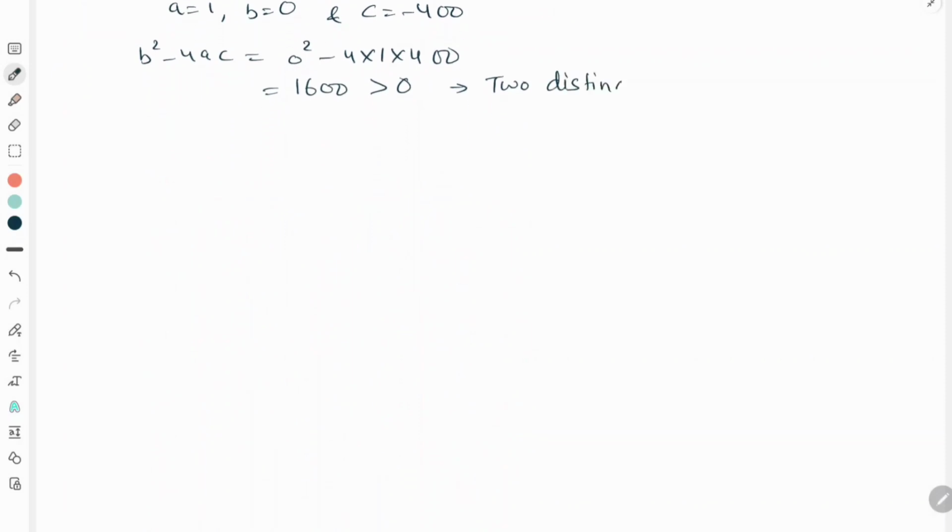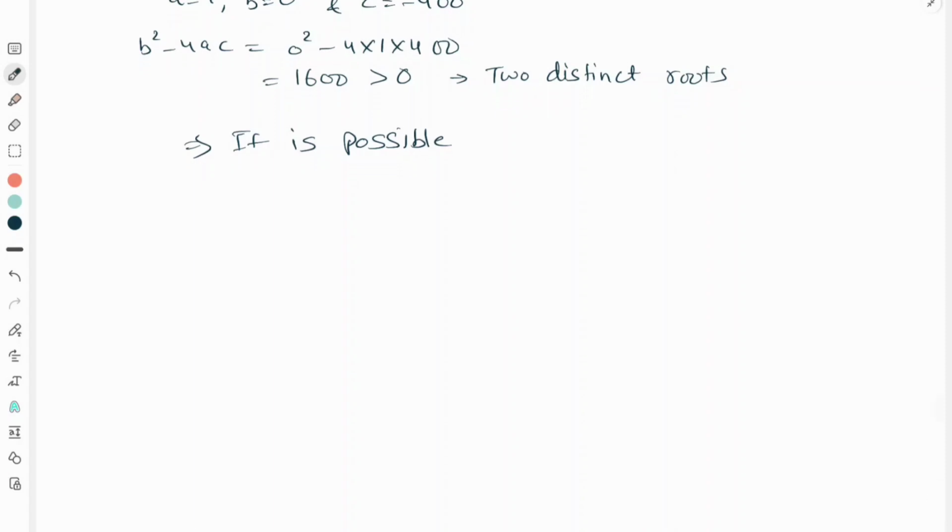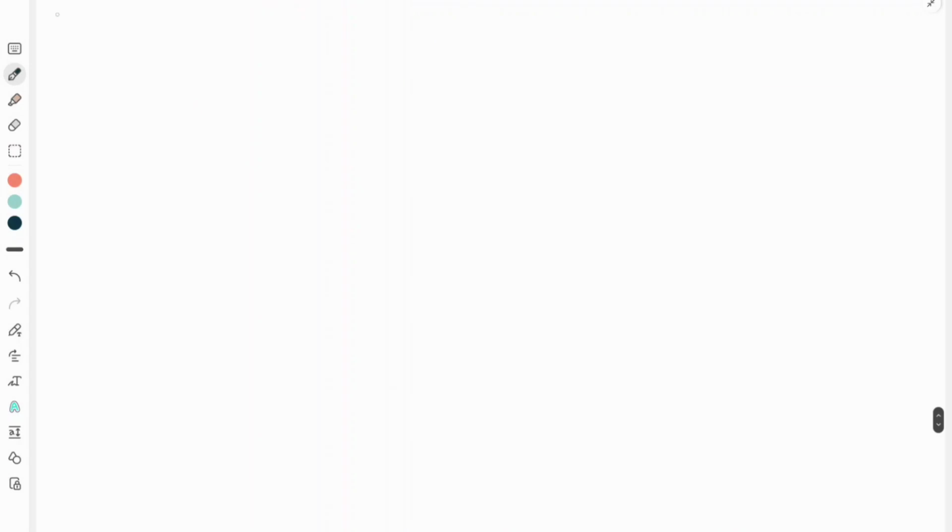So if we have two distinct roots of this equation, it is implying that it is possible to construct such a mango grove. Now let's move to question number 4.